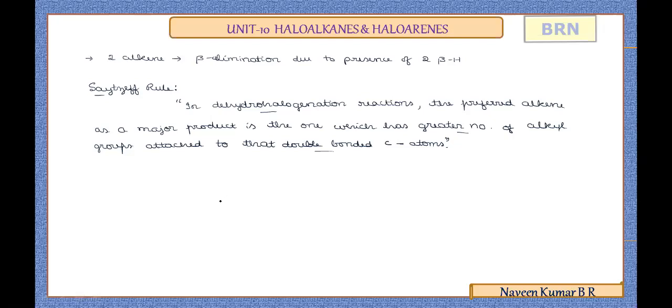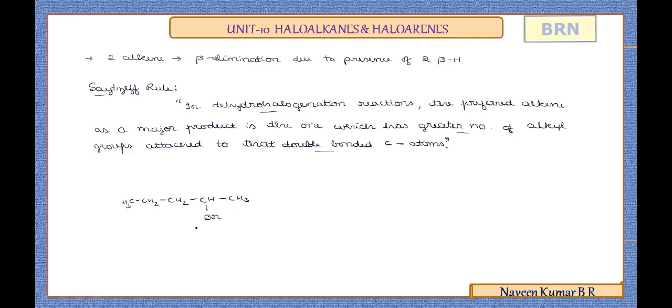So we'll take an NCERT based example. We'll consider 2-bromopentane. Now, pentane is CH3, CH2, CH2, and to the second carbon we consider the bromine attached.